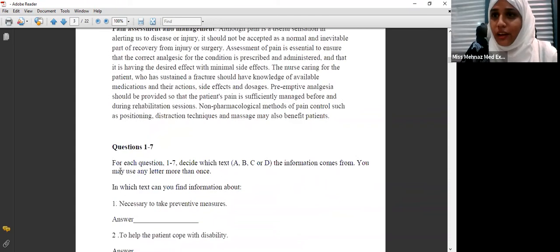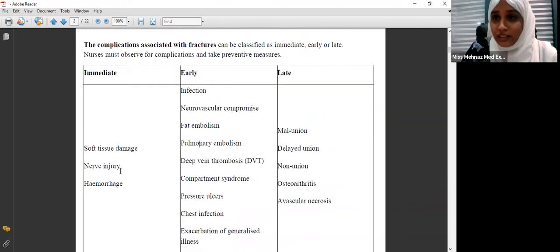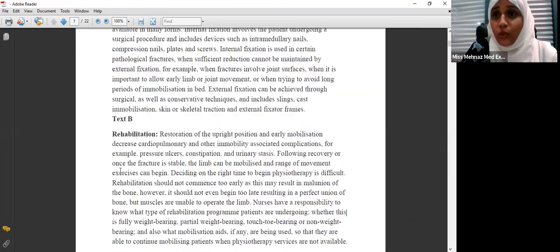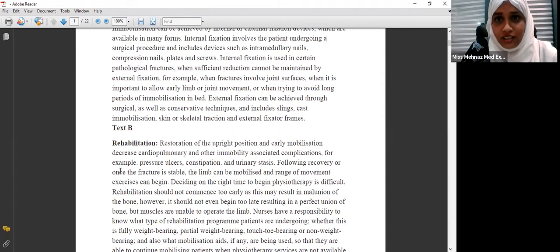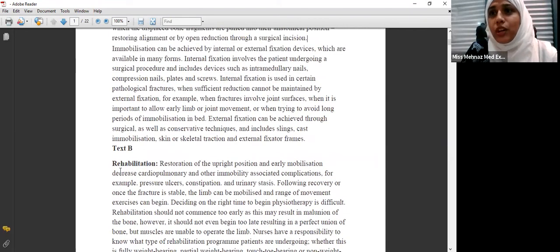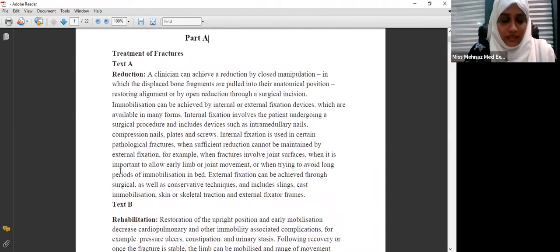One good thing about part A is that, as I told you, skimming and scanning. So how do I use the skill here? Just read the headings and read through the lines. When I say read through the lines, what does it mean? See, text A. It says reduction. So just read the first 2 and the last 2 lines to get a better understanding.